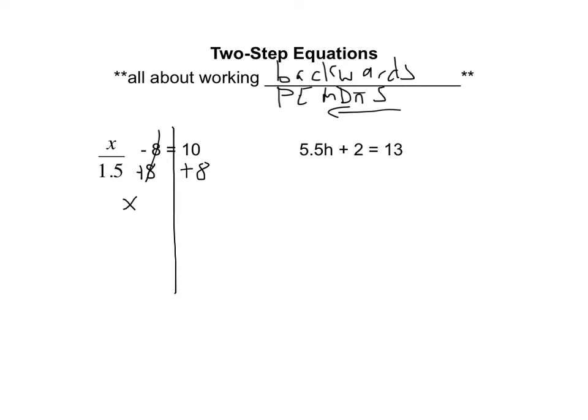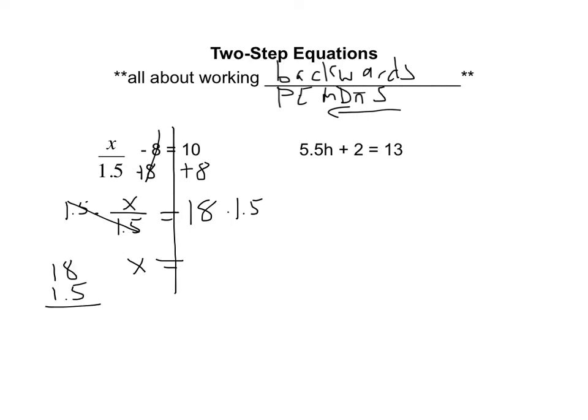These will cancel out, and that leaves us with x divided by 1 and 5/10 equals 18. Now it becomes a one-step equation. Since x is divided by 1 and 5/10, I'm going to multiply both sides.